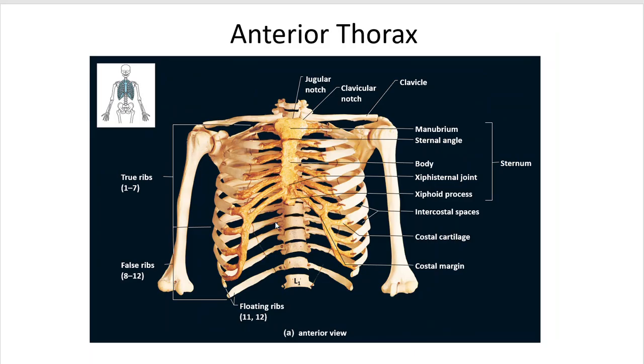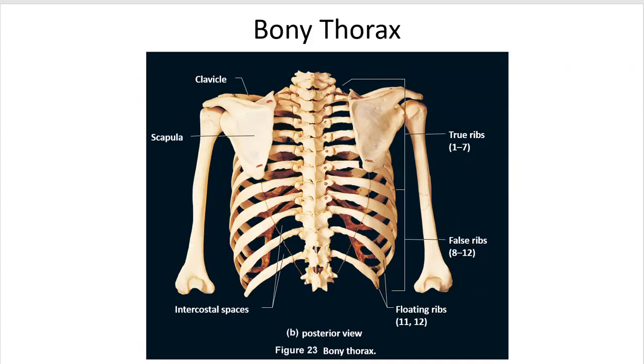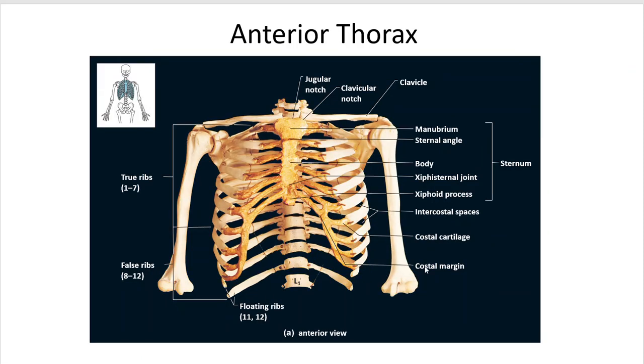Okay, the ribs. We got 12 of them. Let's see if we got a better picture on this one. No, just got the back of it. It's kind of hard to see on here, but let me go ahead. 1, 2, 3, 4, 5, 6, 7. Those are called true ribs. Why are they called true ribs? Well, notice one thing.